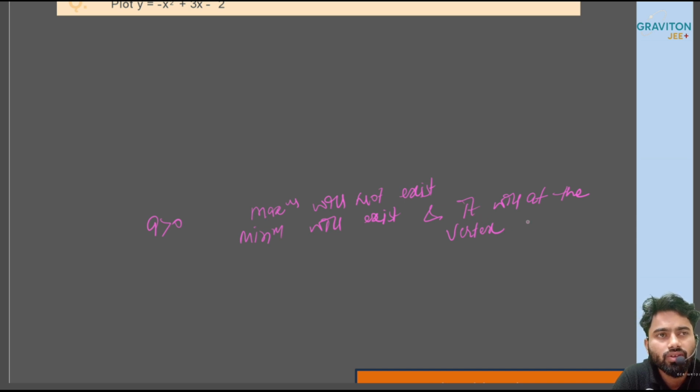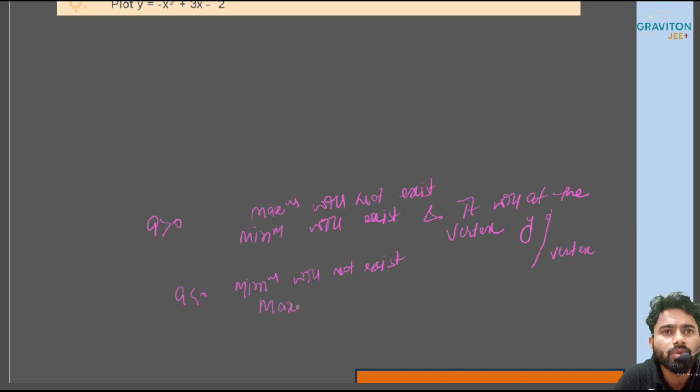Calculate the y value at the vertex. If a is negative, then minima will not exist, but maximum will exist, and it will be attained at the vertex.